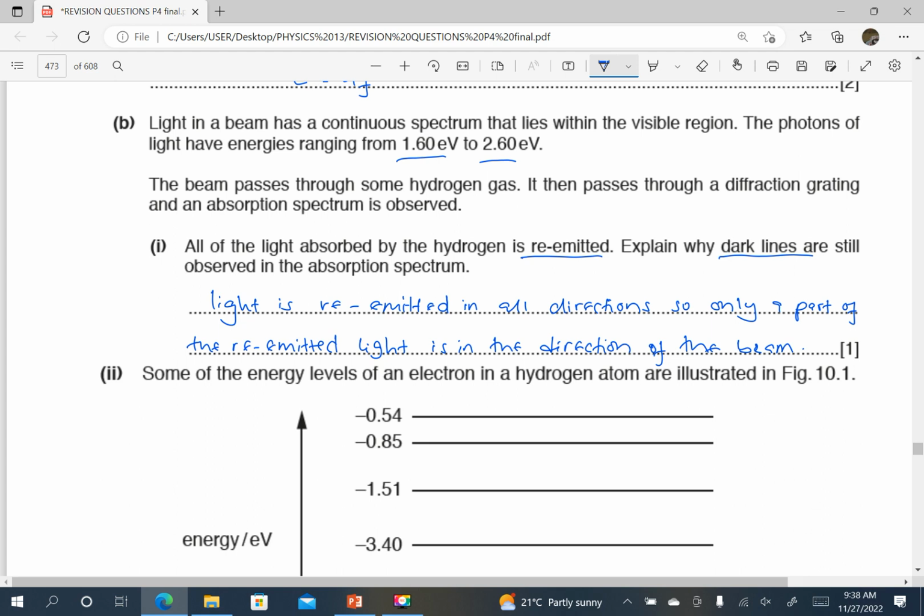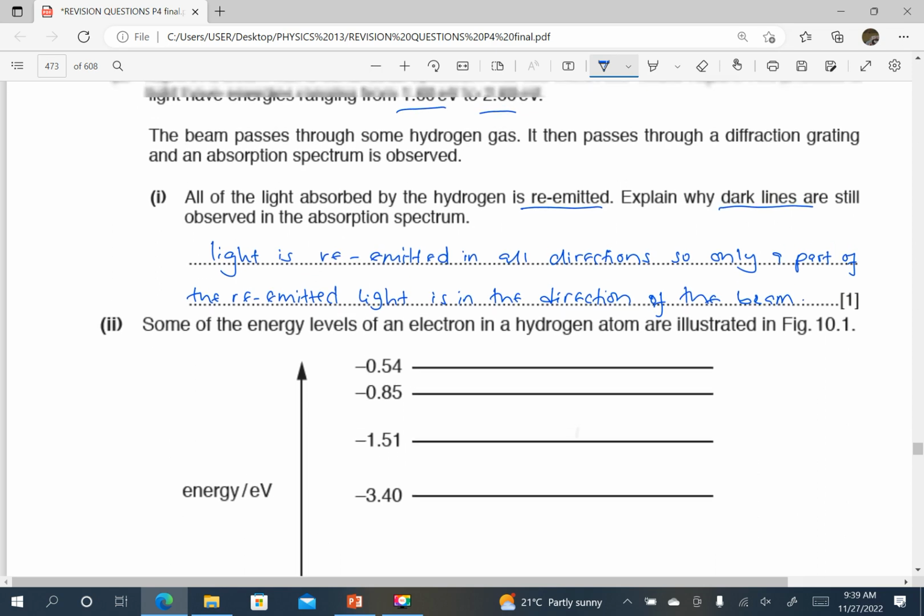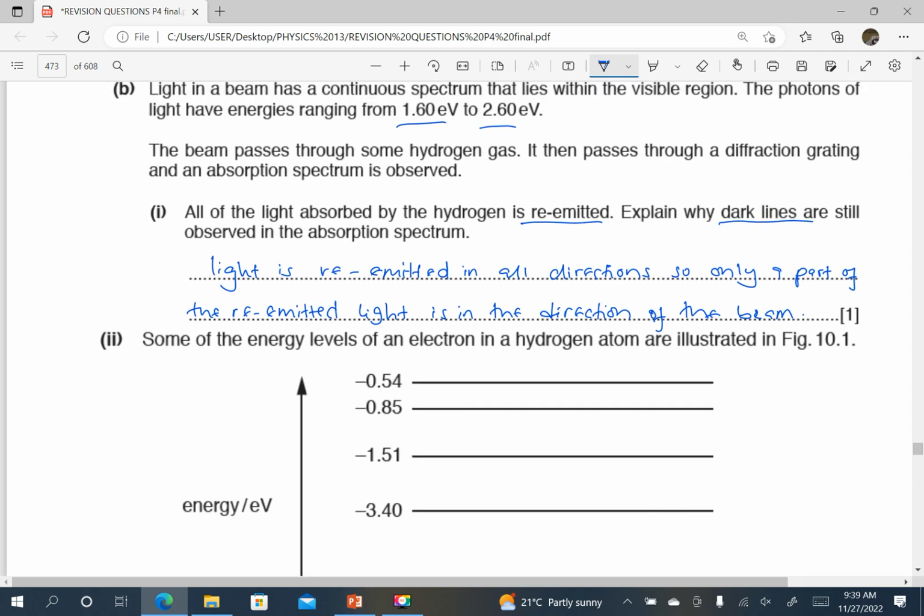Just get my calculator. Light of energies ranging from 1.6 electron volts to 2.6 electron volts. I'll try to add 1.6 to 3.4.